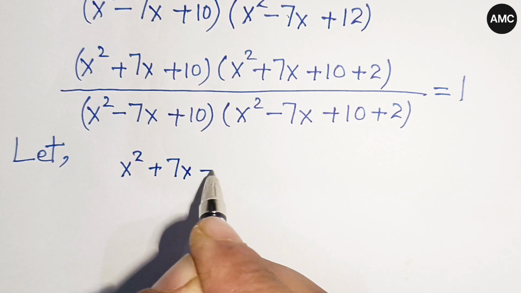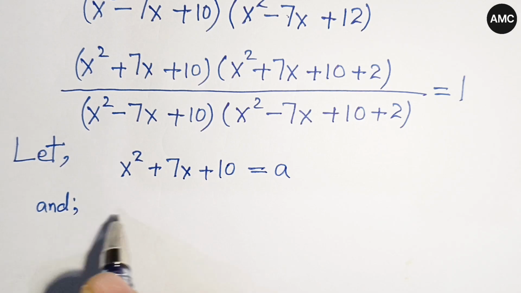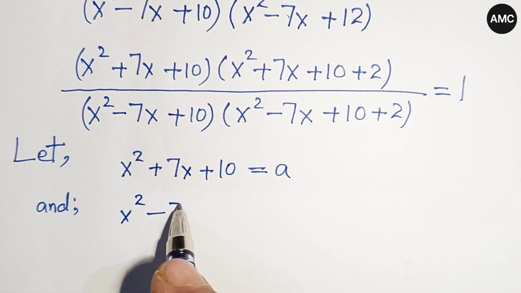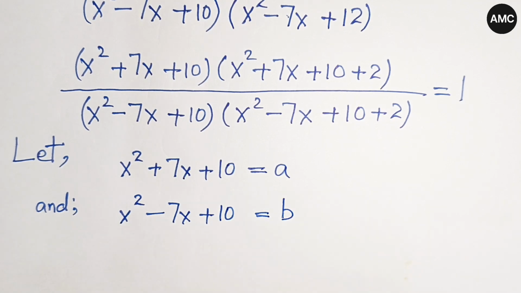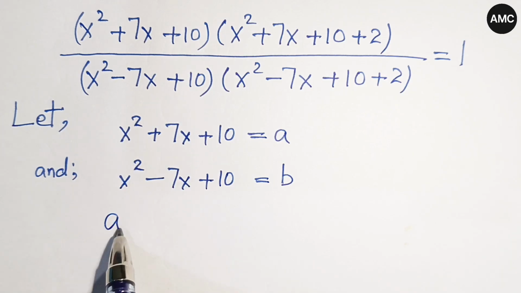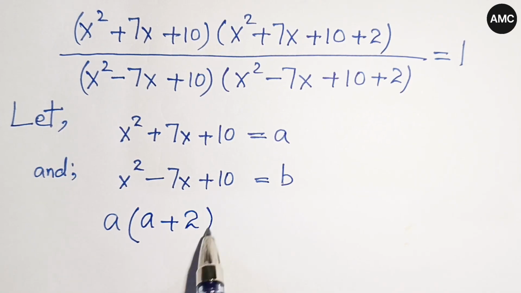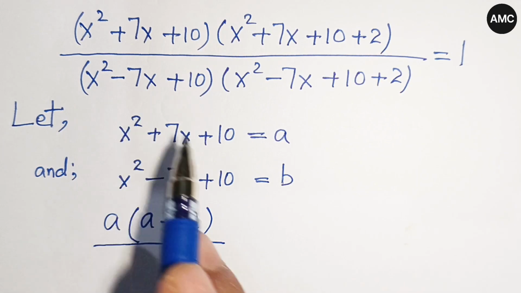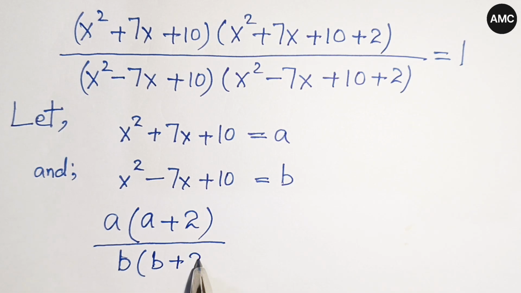x squared plus 7x plus 10 is equal to a, and x squared minus 7x plus 10 is equal to b. Now substituting these values in our equation, we get a times a plus 2, all over b times b plus 2, that is equal to 1.